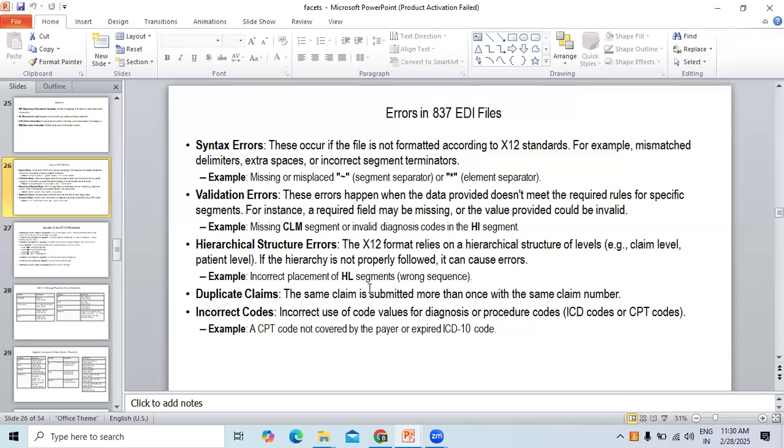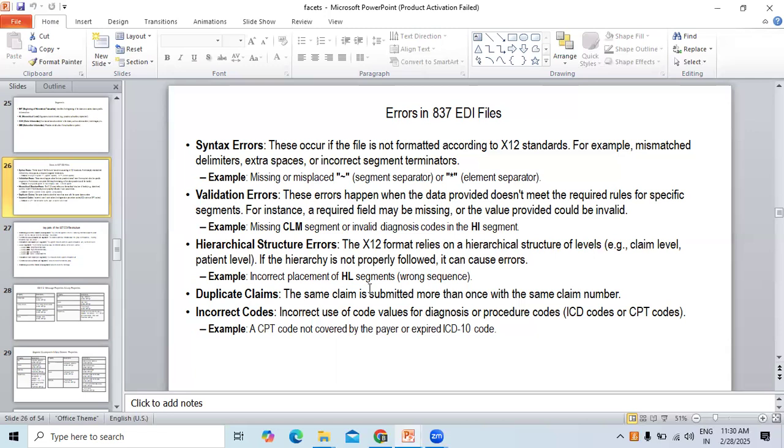Syntax means syntax-level differences you need to know, because whenever we are working on EDI 837 files, there could be some syntax errors you may get. These syntax errors are identified when we upload files, especially claim files, and have to follow the external standards.